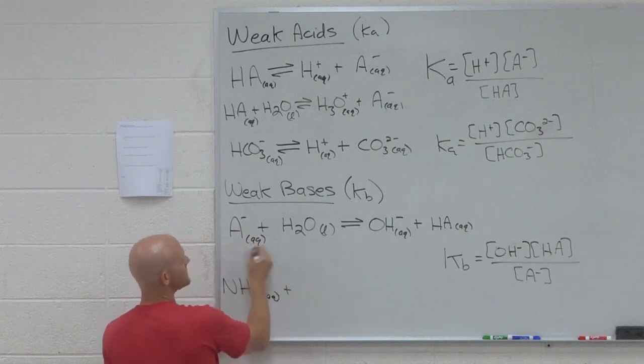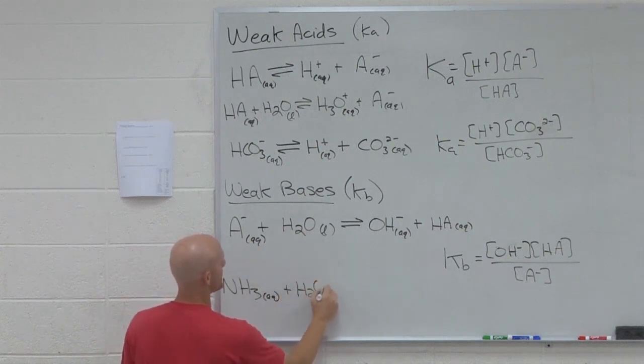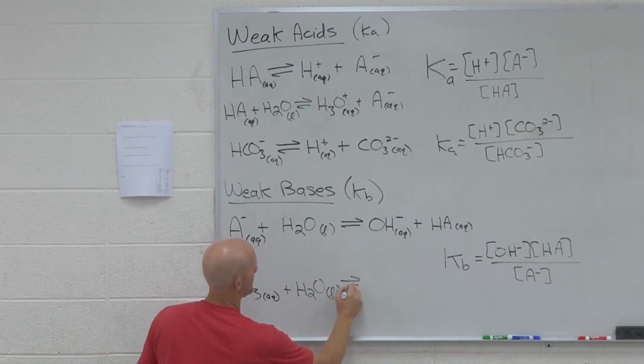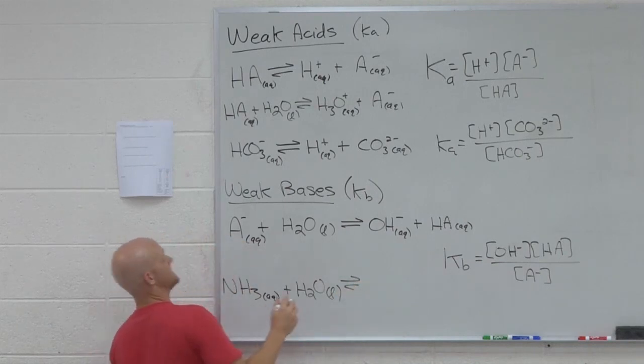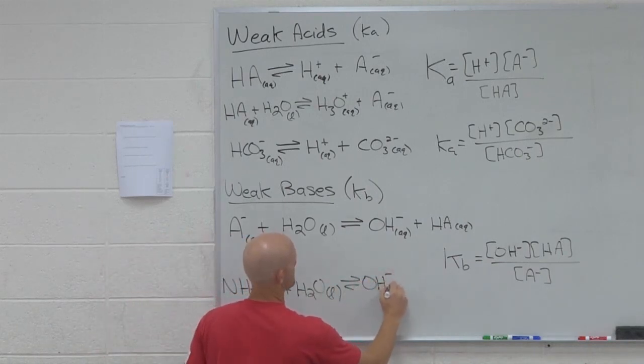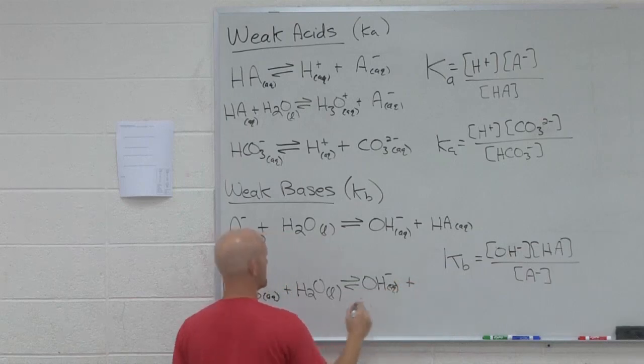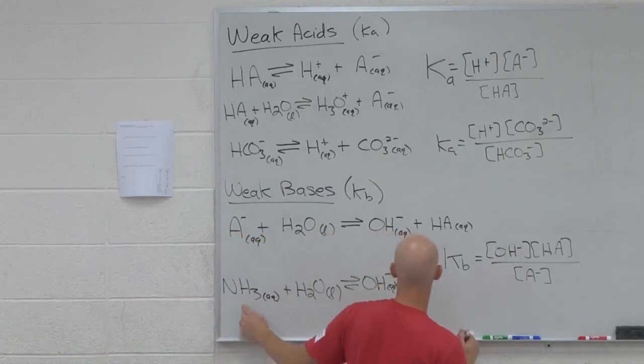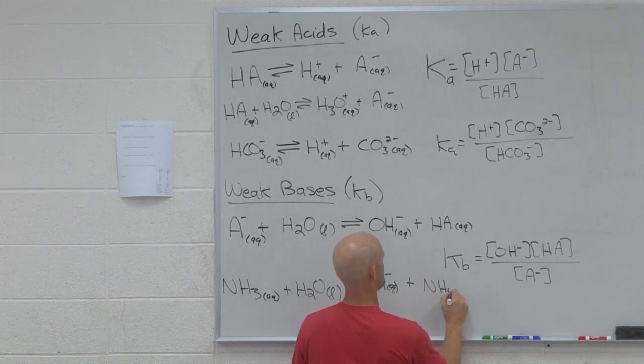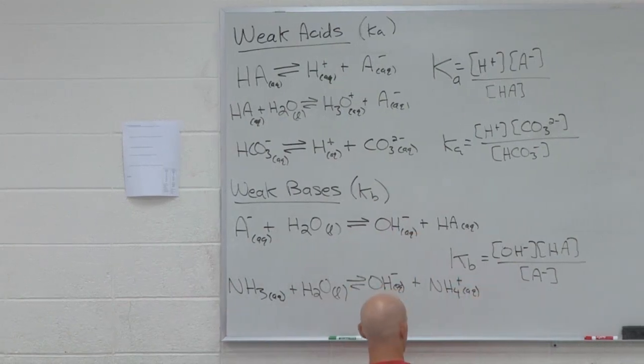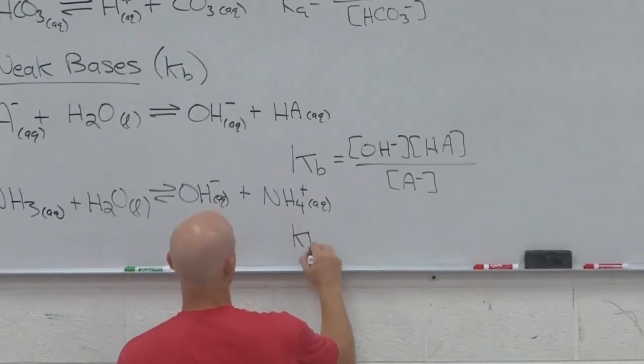In this case, it's ammonia plus the water. You've got to include the water. And what are we going to get? Still get hydroxide. Good. And after picking up an H+, NH3 turns into NH4+. And what would the actual Kb expression be?